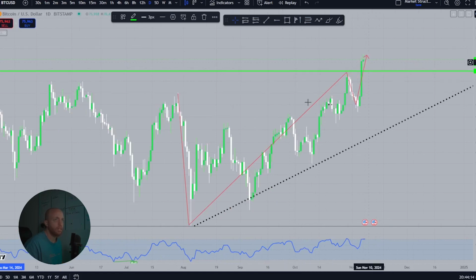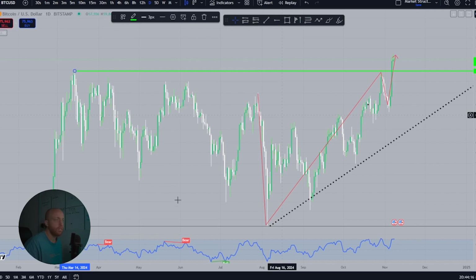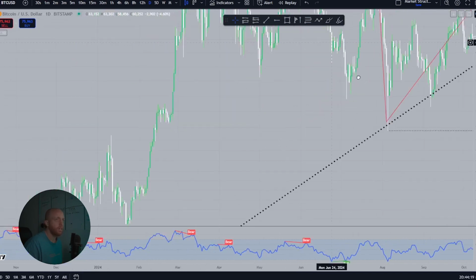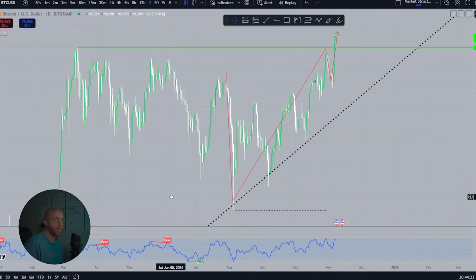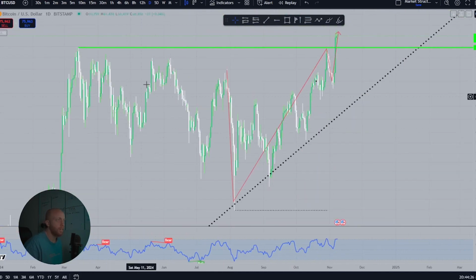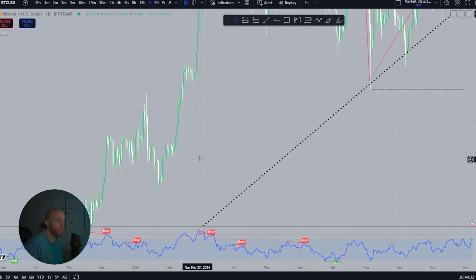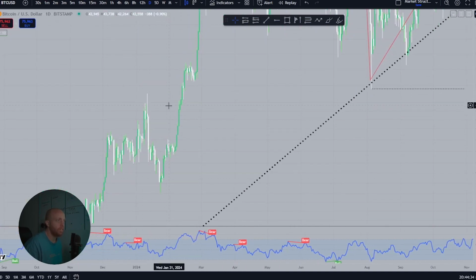So that is great. And whenever you break out of these ranges, these are ranges, okay? And you'll see here, we've been range bound for a couple months. Once you break out of those ranges, kind of like this, see, we're ranging, boom, broke out of it. See, we didn't go below this part down here.